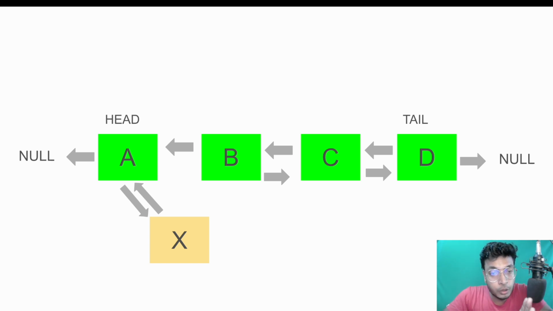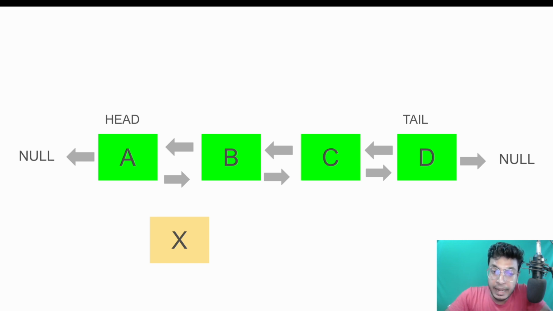Same thing we are going to do with the connection between A and X. We are going to remove the X dot previous, which is currently A, so we have broken that connection. And A dot next right now is X, so we are going to point A dot next to B. Something like this.